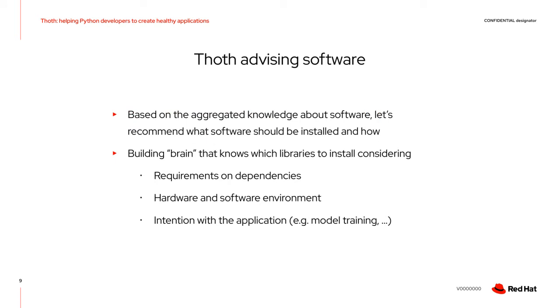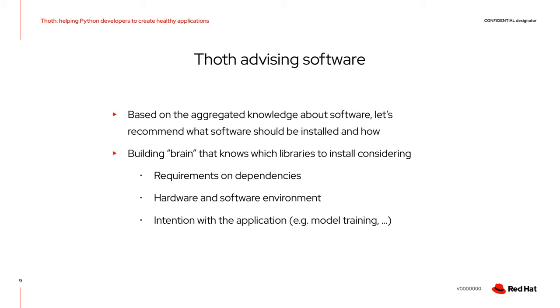Thoth can advise on software packages that should be installed inside an environment, and can consider different aspects of runtime environment and quality of software that is installed. So based on some aggregated knowledge about software, Thoth can advise which packages should be installed. In this case, Thoth acts as a brain that recommends which libraries in which versions should be installed.